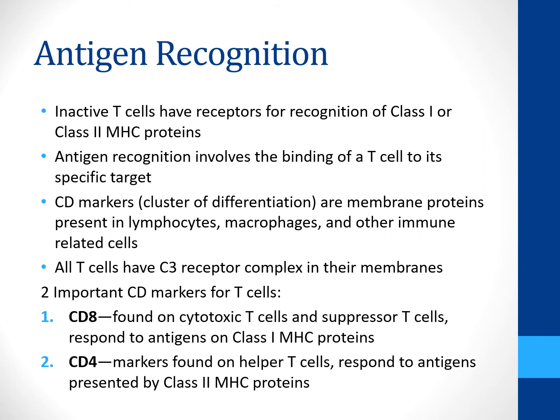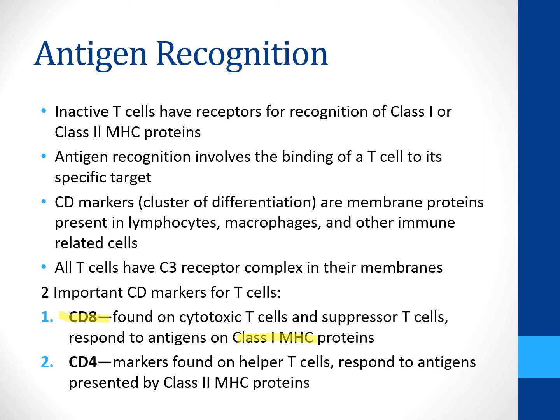The CD8 marker is found on cytotoxic T cells and suppressor T cells, and they respond to antigens in the class 1 MHC protein. The CD4 marker is found on T helper cells, and they respond to antigens in the class 2 MHC protein. The way that I remember this is if you multiply the MHC protein class by the cluster of differentiation marker, it always equals 8.